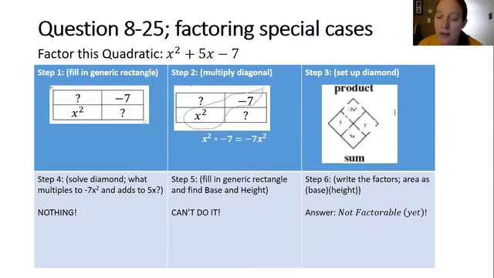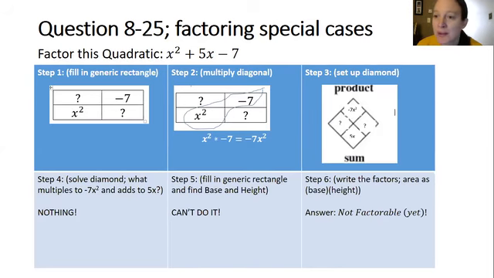And if I switched them, 1 times negative 7, yep, I'd get negative 7, but 1 plus negative 7 would give me negative 6. So what can we do? There is nothing that will multiply to negative 7 but add to 5. So we can't finish the diamond, which means we can't finish the generic rectangle, which means our answer is not factorable yet.